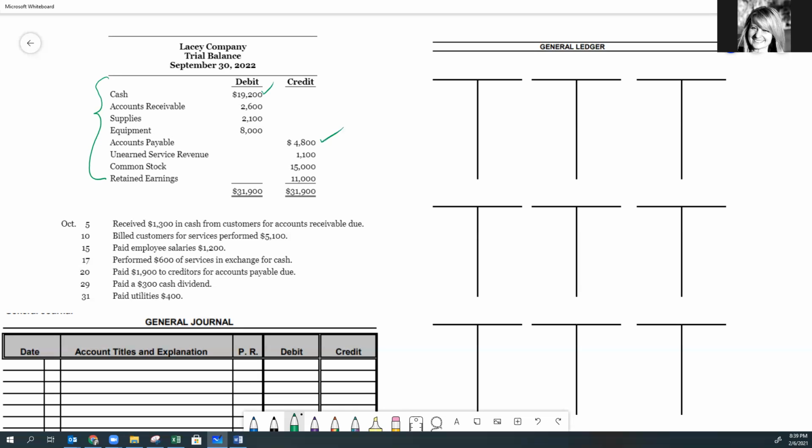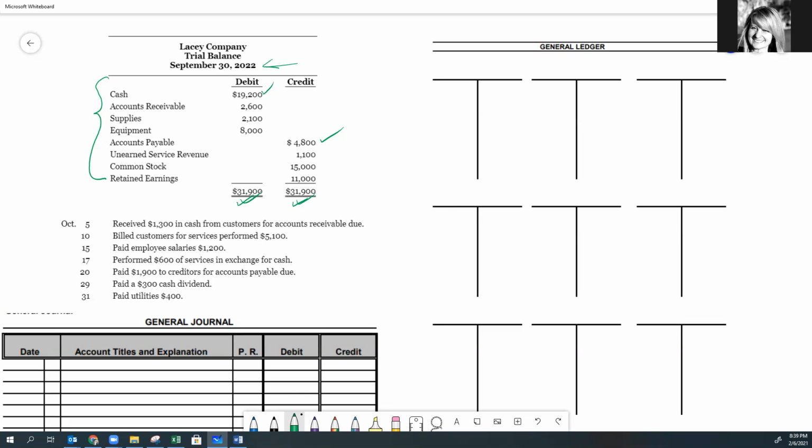If it's a credit balance, it's listed in the credit column. And then those balances are totaled to make sure that all of our debits equal the total of our credits. So this is the trial balance as of September 30th, 2022.